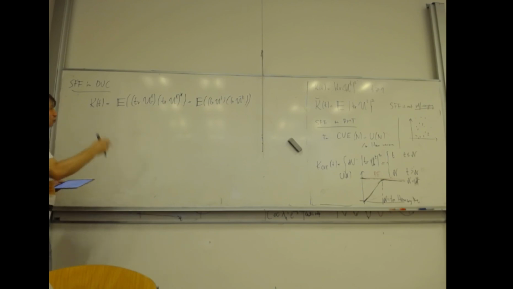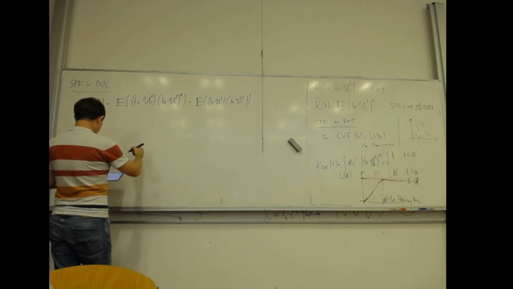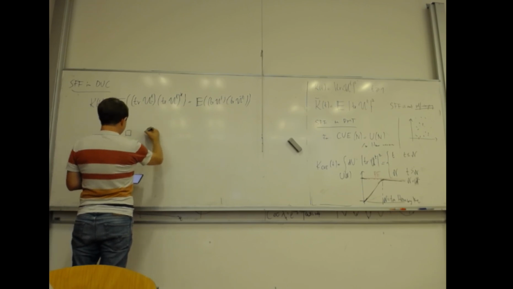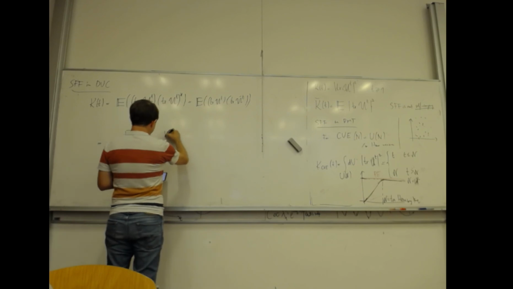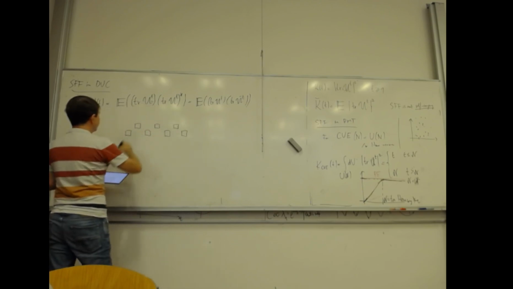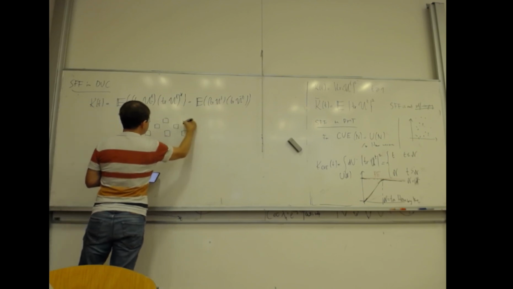So it's a 2-point function. Now let me try to write these two things together. Let me take an example: time with 2 slices. This will be the first slice, and this the second slice.